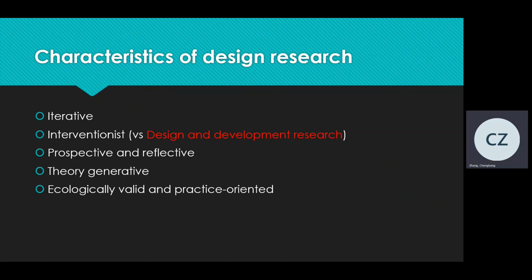Design and development research is also a type of research that involves developing tools and materials to support education. However, the difference is that design and development research will not use interventions. It will use some other ways, like retrospective analysis to say how a designer's task goes.